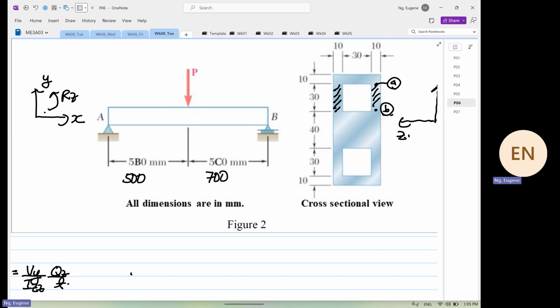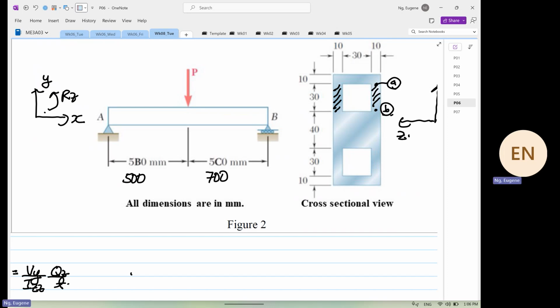But remember, the shear stress is dependent on the Q over T ratio. Now, at the centroid, can someone tell me how much is T? At the centroid, 40, 50, right?